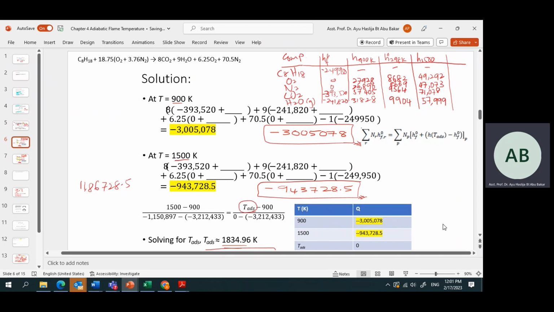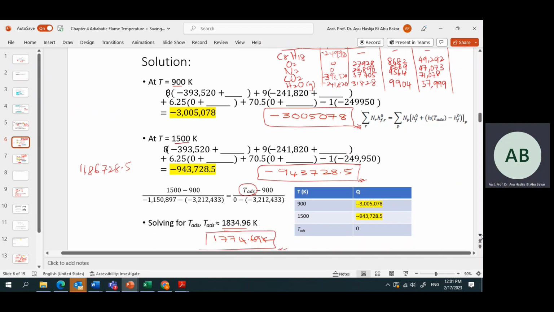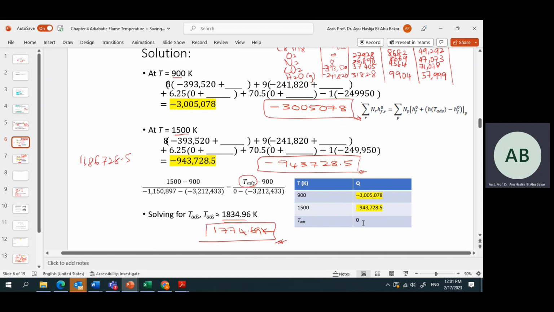Okay, so from here, list down all the info that you already calculated. Then Q at T adiabatic, which is the unknown T, should be 0. So now our unknown is T adiabatic. Now calculate the T adiabatic. Do the interpolation.